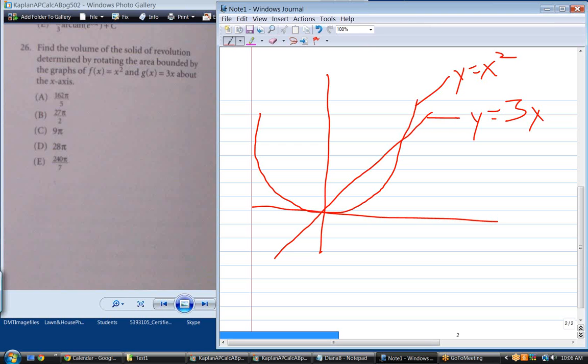So when we revolve this section around the x-axis, we are going to end up with a shape that looks a little like this, and it will be a solid. If you're looking at it from this direction, it's going to look like an open flower. Can you picture it? Yes. Okay. So how are we going to figure out the volume of that flower?